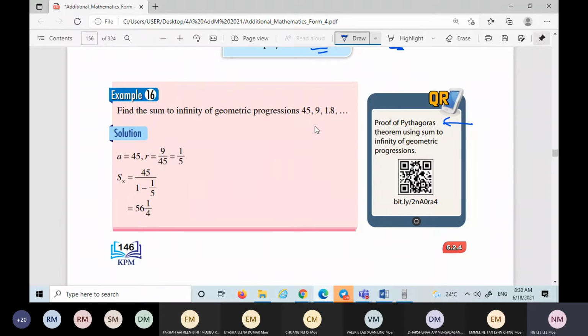When you bounce a ball, the height of the ball will become smaller and smaller, due to gravity. This type of question, they will ask you to find the sum of infinity. Another example, pendulums. In the physics experiment, the swing of the pendulum will become smaller and smaller. That type of question also they will ask you to find the sum to infinity.